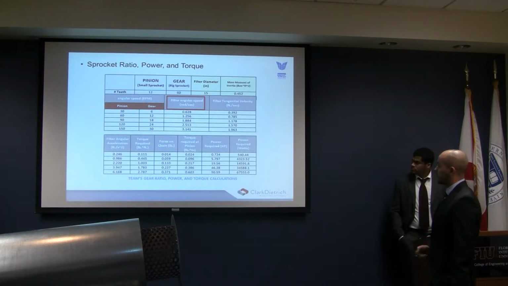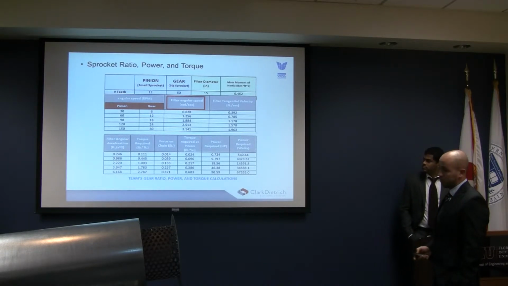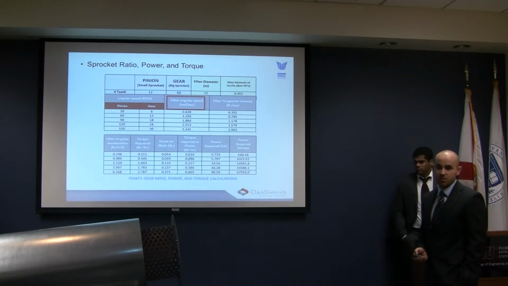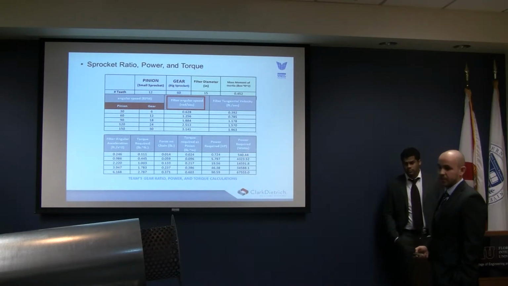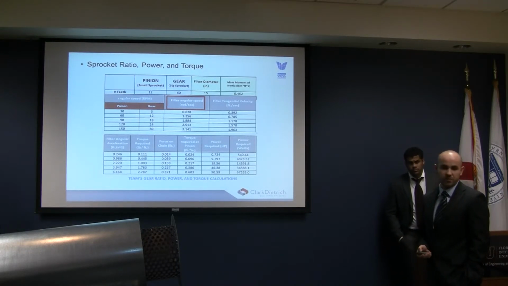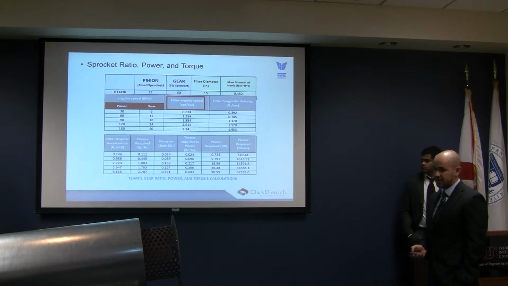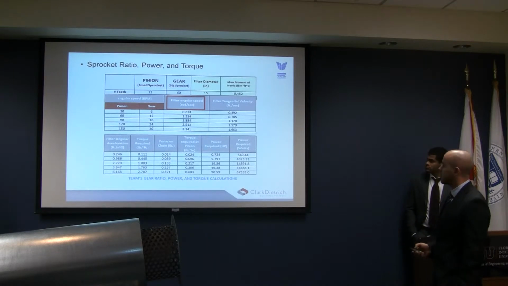We found the mass moment of inertia for the whole filter, and we determined a 1 to 5 gear ratio for this setup. Why a 1 to 5 gear ratio? That is the biggest sprocket that comes closest to the diameter of our whole filter, and that is the smallest driver gear that we could find in the same catalog for this particular purpose.